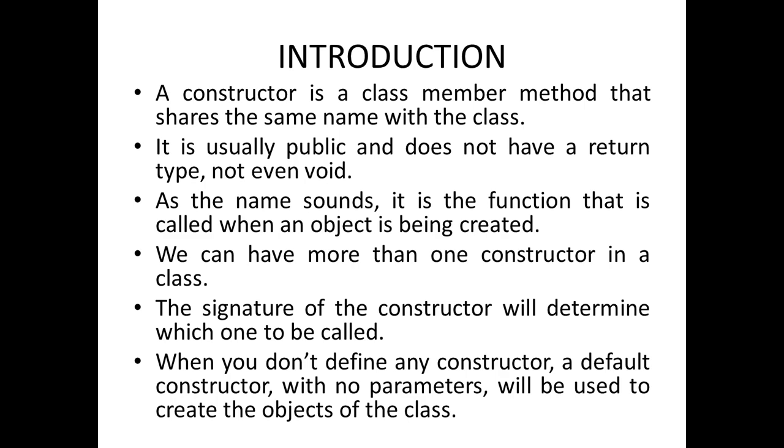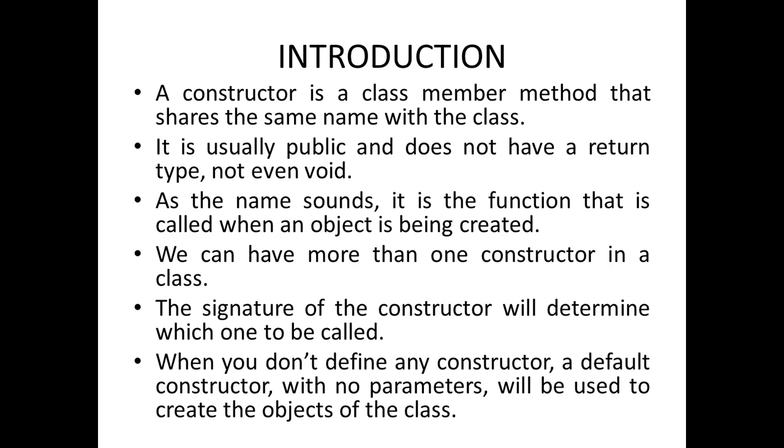So when you don't define any constructor in your code, there is an inbuilt or default constructor that has no parameter, and it will be used to create the objects of the class. In the code we wrote before, we didn't create any constructor, so it was the inbuilt or default constructor provided by the compiler that was used.